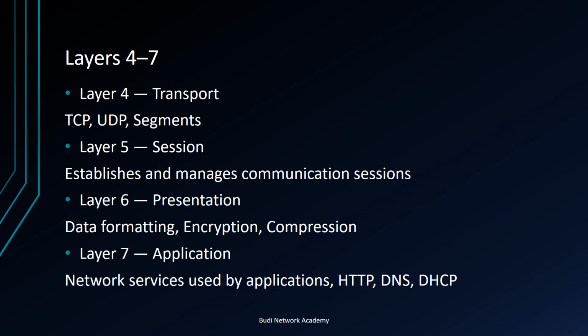And finally, layer 7 is the application layer. This is the layer closest to the applications that users interact with. Examples include network services and protocols such as HTTP, DNS, and DHCP. For this beginner's guide, we don't need to memorize every detail of these 4 layers yet. The important thing is to understand their general purpose.